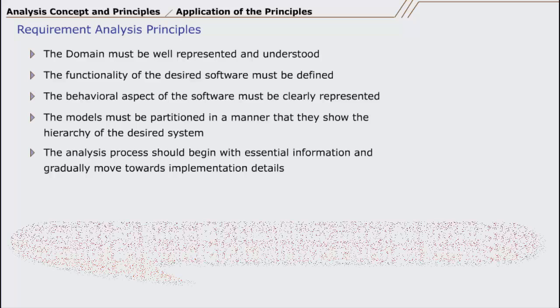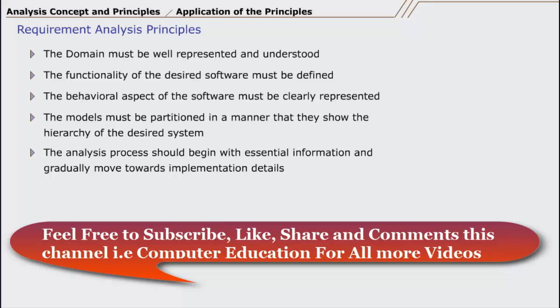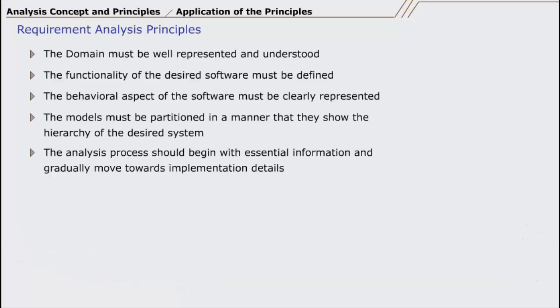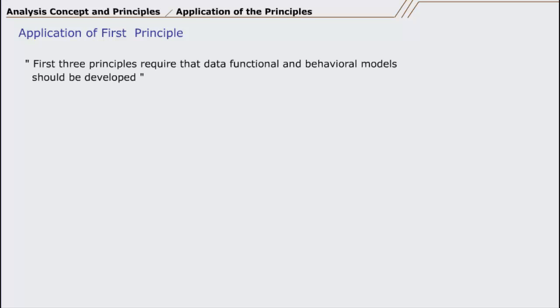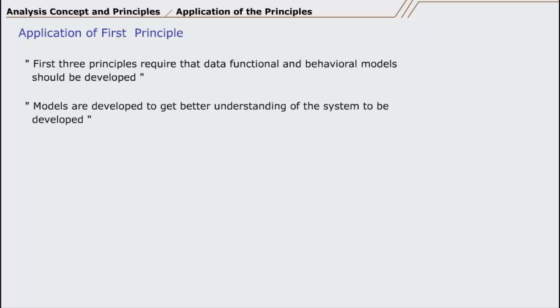Dear students, let us now study the application of the principles we have just studied. The first three principles require that we develop models. Models are created to get a better understanding of the entity to be developed.